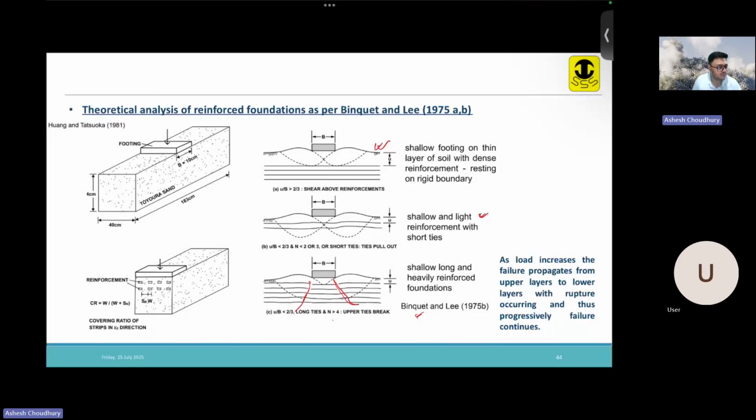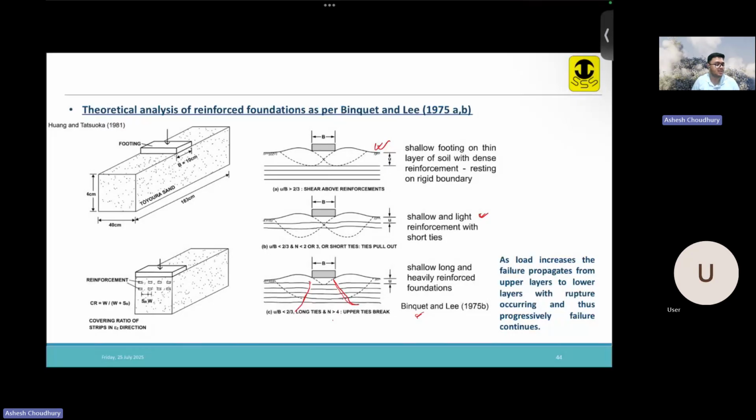So tomorrow, we will go through this theoretical analysis in detail, and after the discussion, we will solve some problems regarding this design.